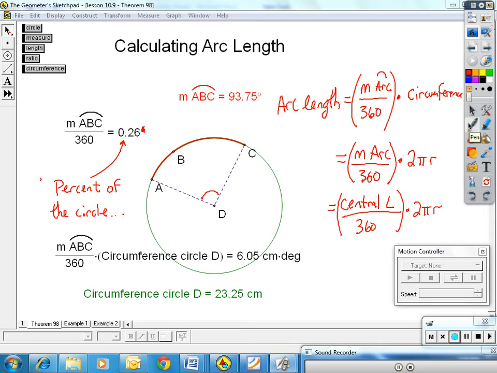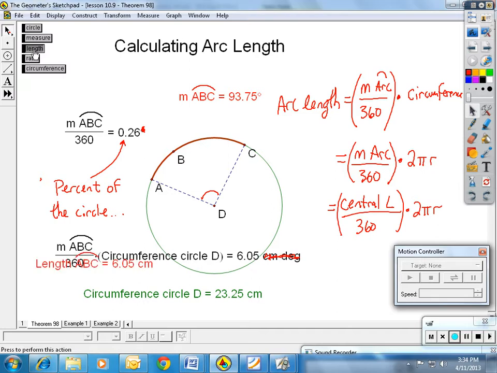Again, these units should be ignored. Geometry Sketchpad doesn't know what it's talking about with those units. So 6.05, I'm going to check that with my length, which already is calculated. And I get 6.05. So that's correct. All right.